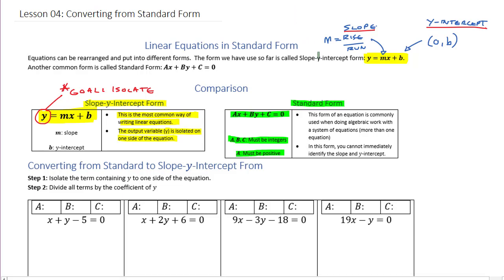Like I said, this form is commonly used when we're doing algebraic work with a system of equations, which means working with a bunch of equations, because we can line them all up nicely and, as you'll see as you move through math, do something called a matrix with it and do some different math with it. But for now, let's not get too ahead of ourselves. We just need to convert out of this form. Now, the problem with this form is we can't identify the slope and y-intercept right away. You look at it, you're not going to know what the slope is or what the y-intercept is.